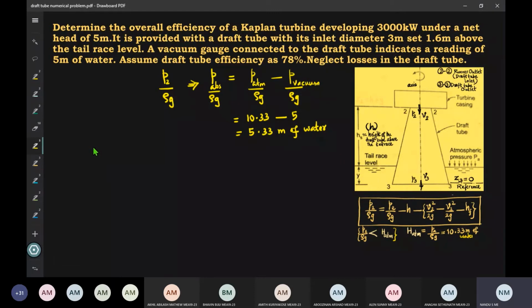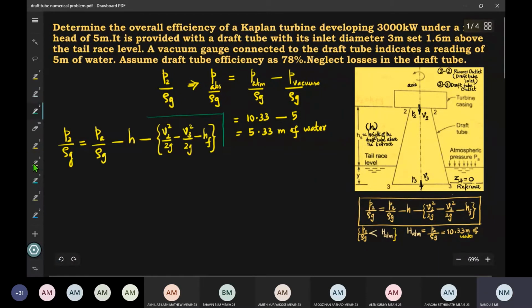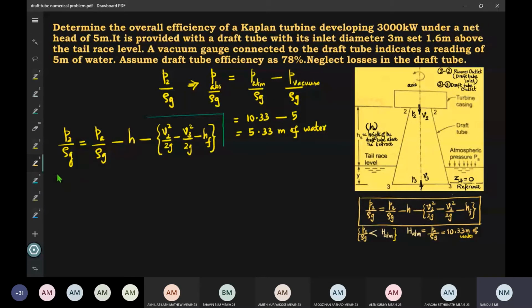Now we will proceed further. So that expression P2 by rho g, let's proceed with the calculation. So this part P2 by rho g, remember this is absolute value. This is not vacuum, it is positive, which is 5.33. This is the pressure head prevailing at the exit of the turbine runner or inlet of the draft tube. That is given in the question because that is measured by a vacuum gauge fitted over there. And that is equal to PA by rho g, that is 10.33 minus this H. What is that value?